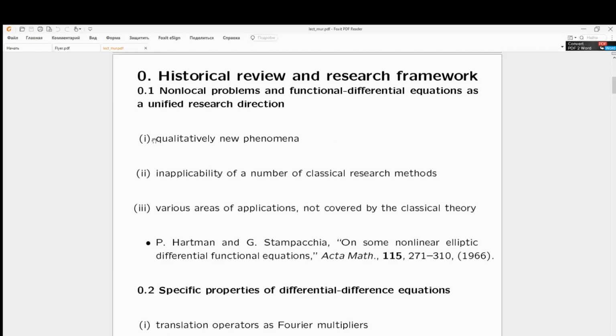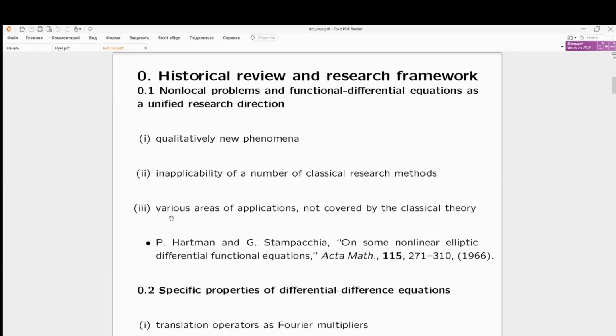And this is contained in my item 1. So, functional differential equations are to be investigated because, this is contained in my item 3.